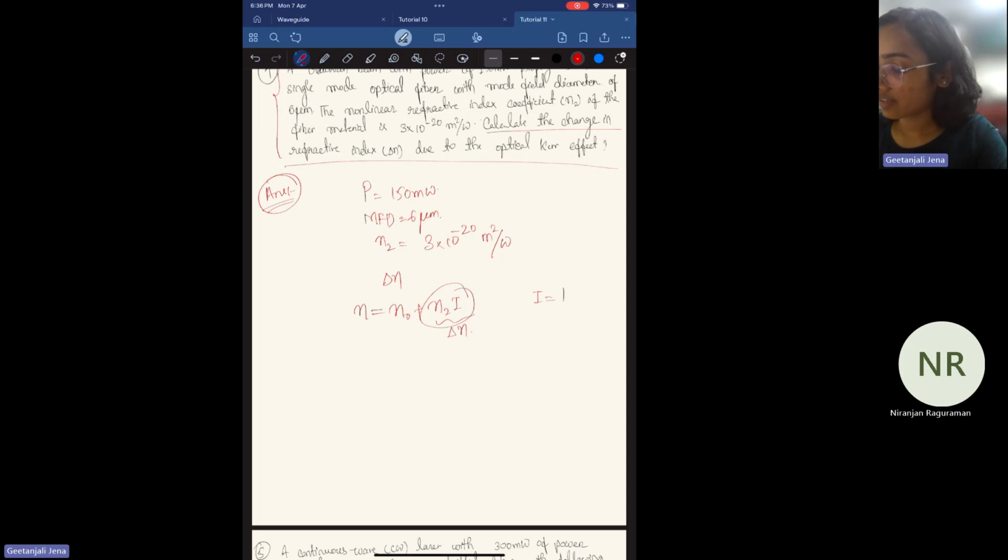I already know this is nothing but power by A effective. Power is already given, it is 150 microwatt. So you just need to relate A effective and the mode field diameter.